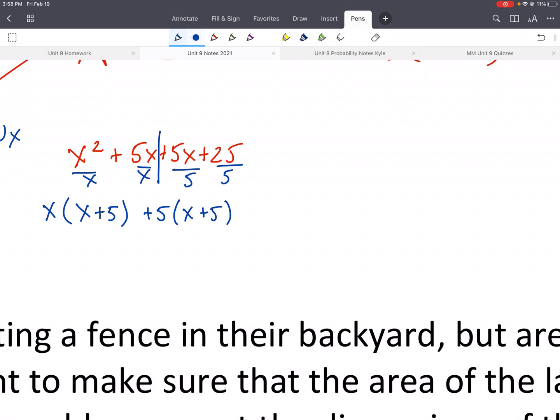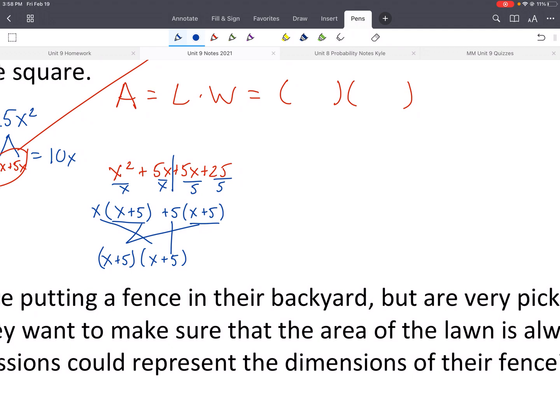So our two parentheses are the same, which means we can factor those out, x plus 5. And what's left is an x plus 5. So our length could be x plus 5, and the width would be x plus 5.